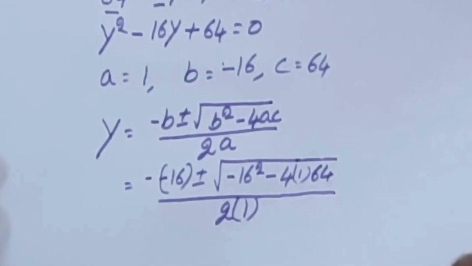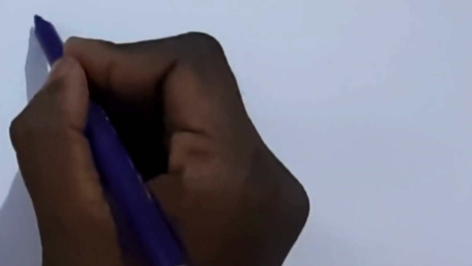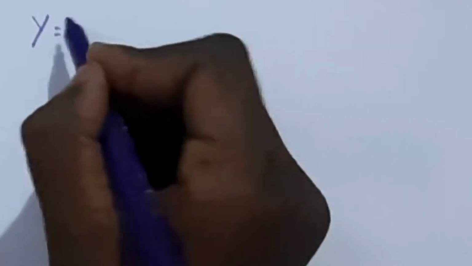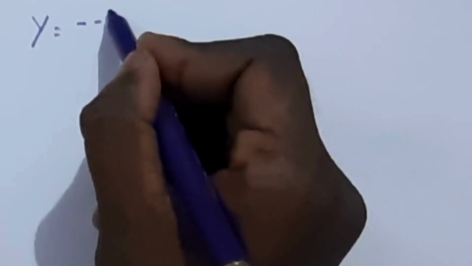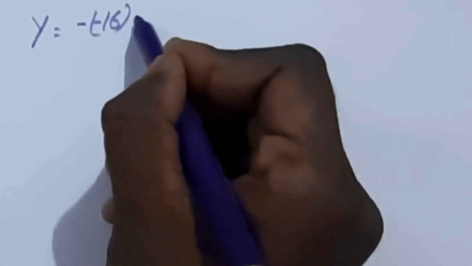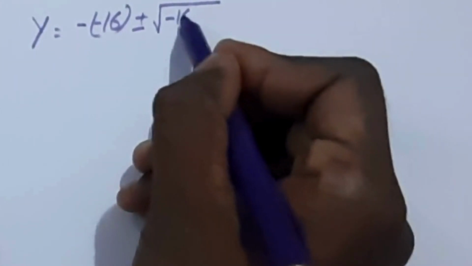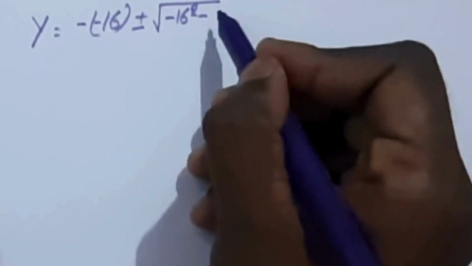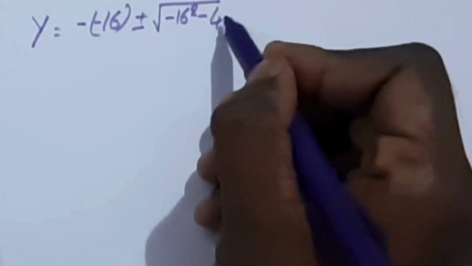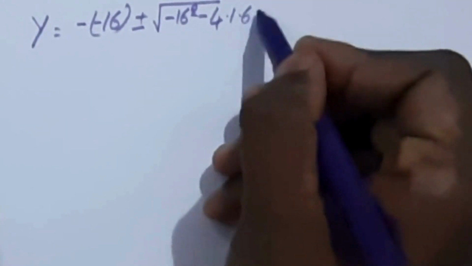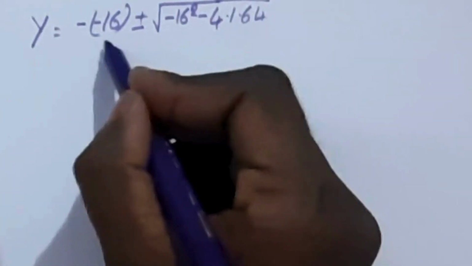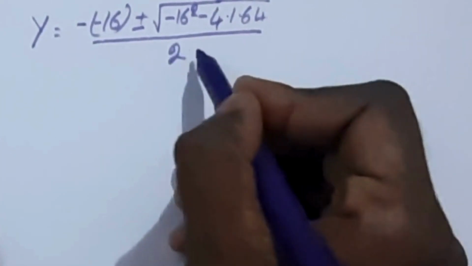Now applying this here, y equal to minus 16 plus or minus square root of minus 16 square minus 4 times of 1 times of 64 by 2 times of 1.